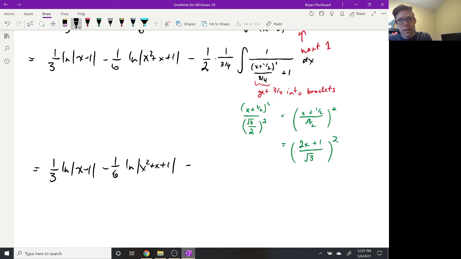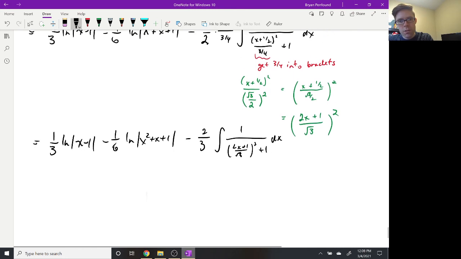Okay, so let's simplify some numbers here. 2 times 3/4 is 3 over 2. And then we have 1 over that, so I think this is going to come out to be 2/3. And then over here we have 1 over this awful thing squared, 2x plus 1 over root 3 squared plus 1. So now we're in good shape to use arctan.